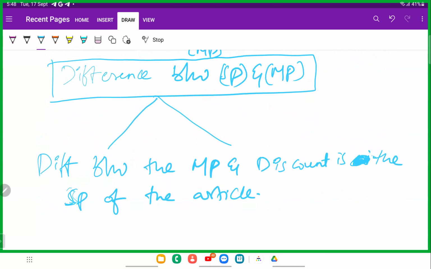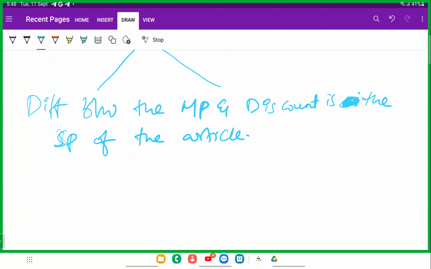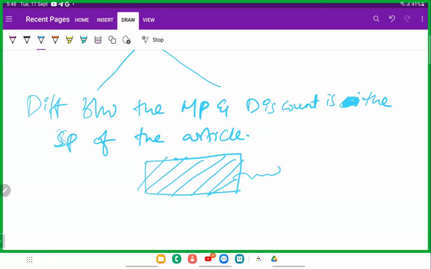Okay, so selling price is nothing but, suppose with an example I will tell you. Suppose this is one decorated box, and the price marked on it is 700 rupees. After a 10% discount on this price, what will be the selling price now?